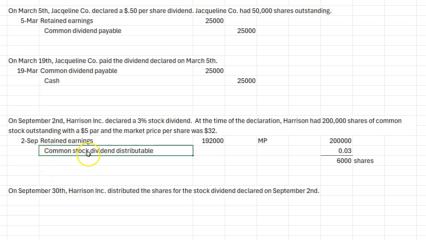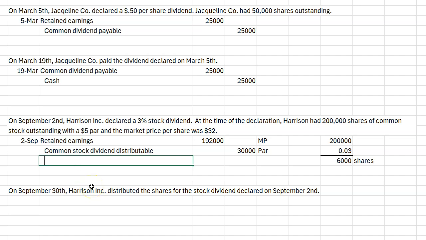So here for common stock dividend distributable, we have 6,000 shares and we're going to value these, remember this, at par. So the 6,000 shares were valued at market price for retained earnings, but at par down here for common stock dividend distributable. And you'll see in the second entry why that's important.